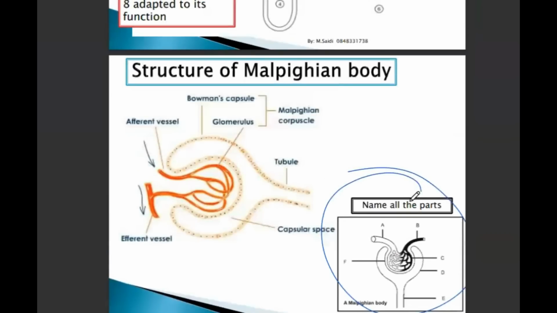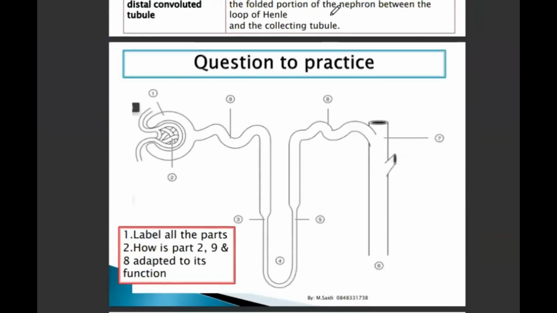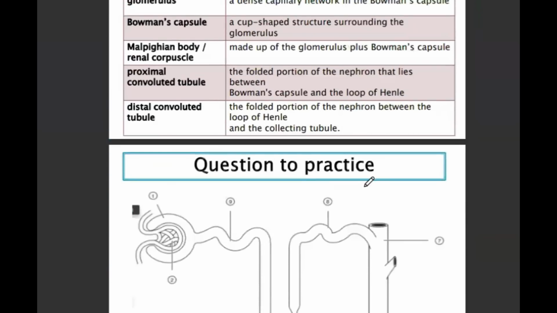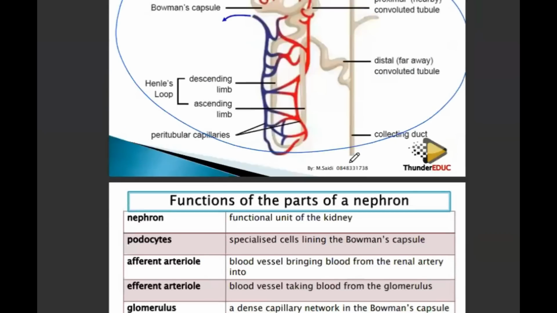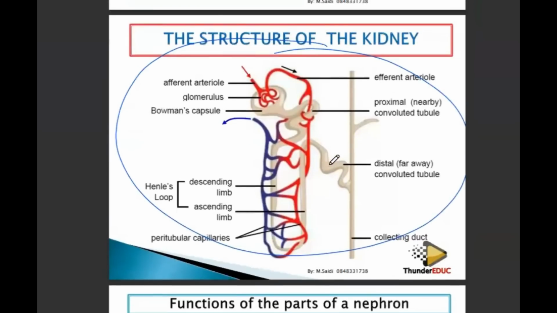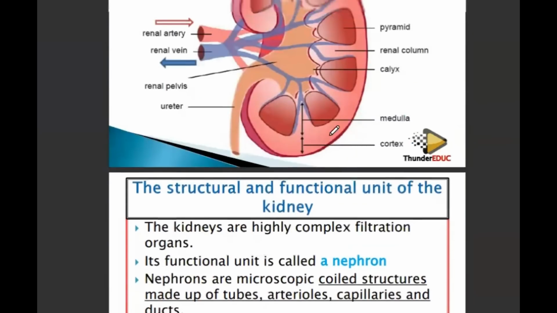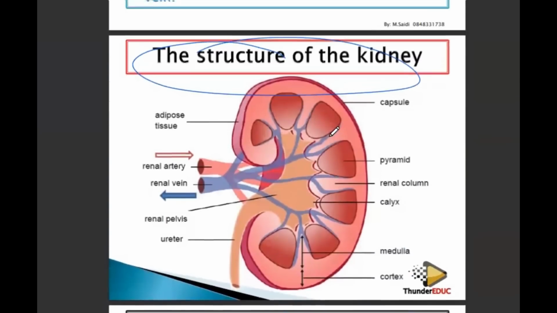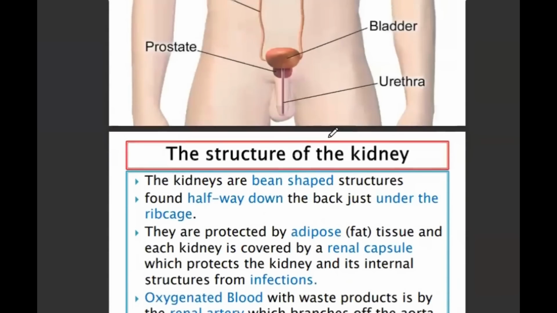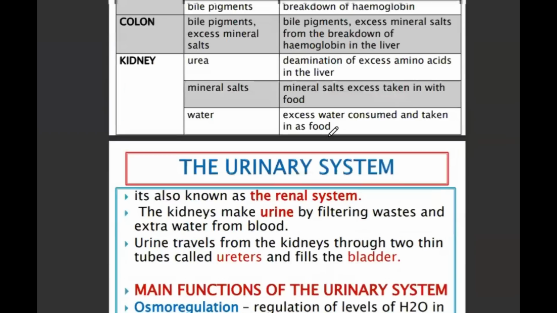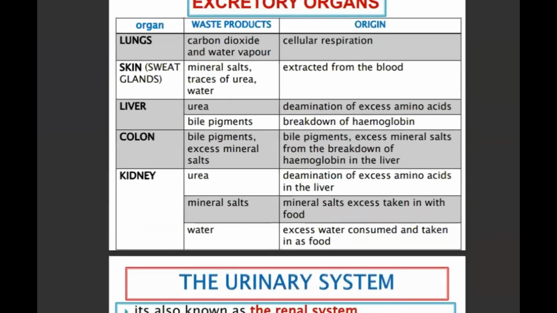Those marks, don't make a mistake there. Don't make a mistake here. Please make sure that you know this very well. If you are struggling, please go for these diagrams. With these diagrams, you are going to get a distinction. Make sure that you know it. You will be able to score a distinction.